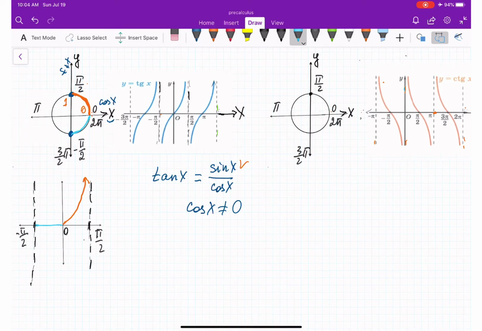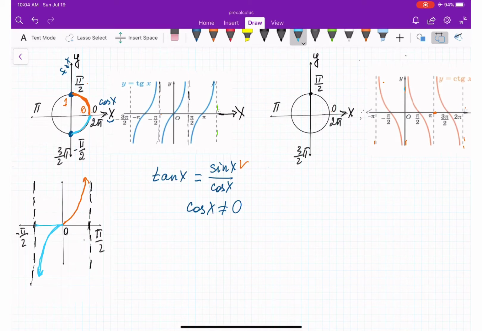Which is from negative pi over 2 to 0, going here from negative pi over 2 to 0. There we go. And here we get our tangent x.